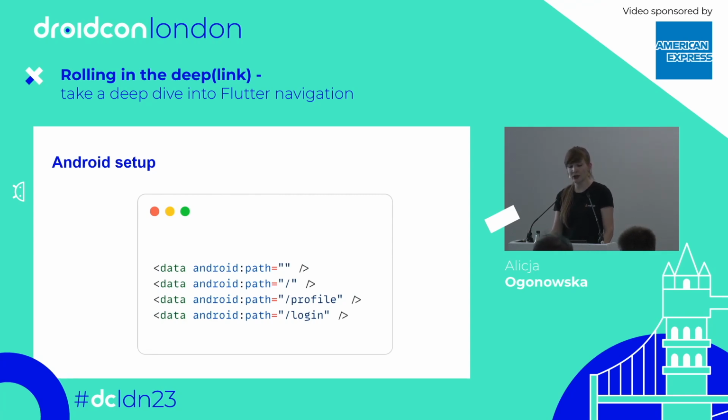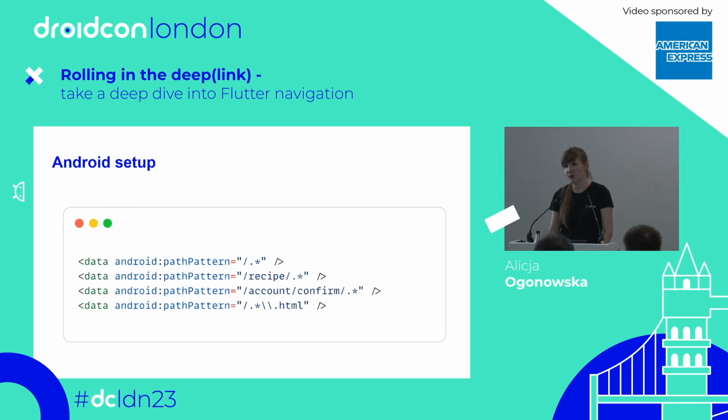But you can use the path tag to define an exact path that needs to be matched in order to open the application. There are also some more flexible tags like path patterns. So for example, you define that the path should have a slash and something, or a recipe slash something, maybe a recipe name or recipe ID, or the last example is just any path that has a slash and ends with a .html.